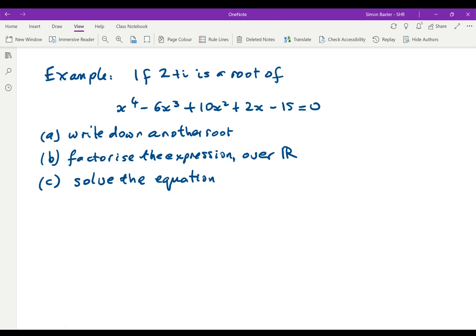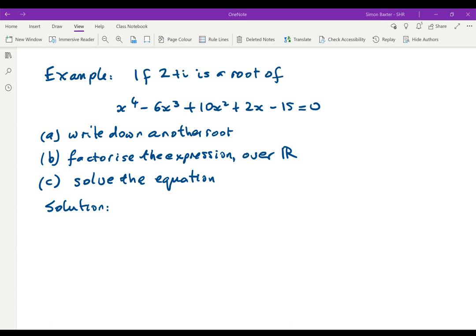Well, part A is nice and simple. We notice that all of the coefficients are real numbers. Coefficients are the numbers multiplying. So that's 1, minus 6, 10, 2, and minus 5. All of those numbers are coefficients and they're all real. 2 plus i is a root.